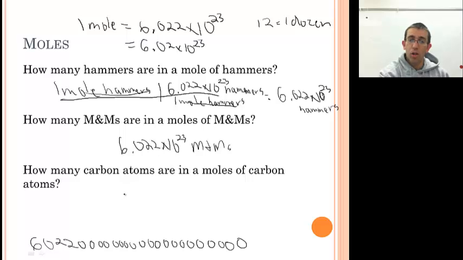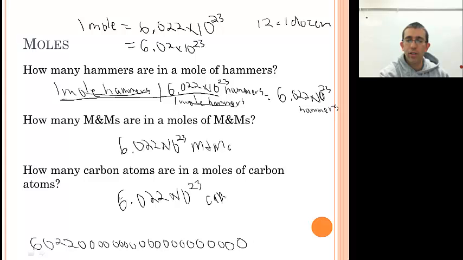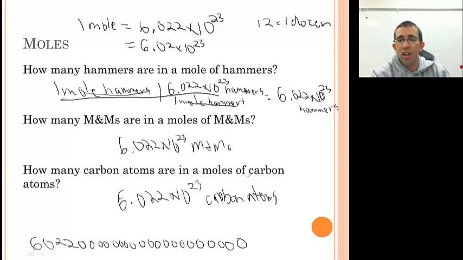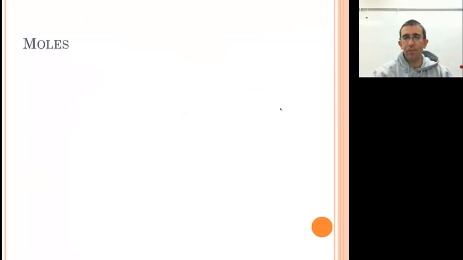Well, if I had 1 mole of carbon atoms, I would have 6.022 times 10 to the 23rd carbon atoms. So notice here, you can have a mole of hammers, a mole of M&Ms, a mole of carbon atoms. It doesn't matter. If you have 1 mole of it, it's going to be the same number, 6.022 times 10 to the 23rd.